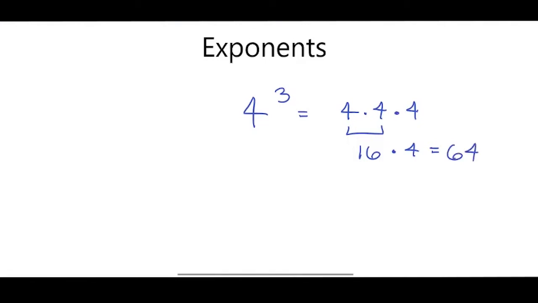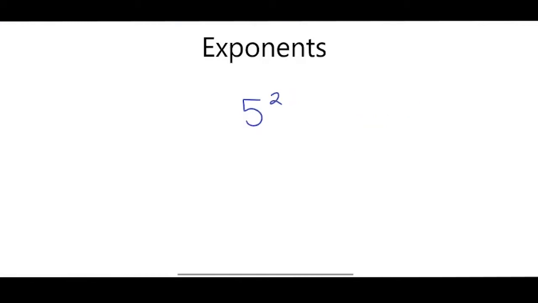So 4 to the third power is 64. How about 5 to the second power? Well, 5 to the second power is 5 times 5. And that is 25.